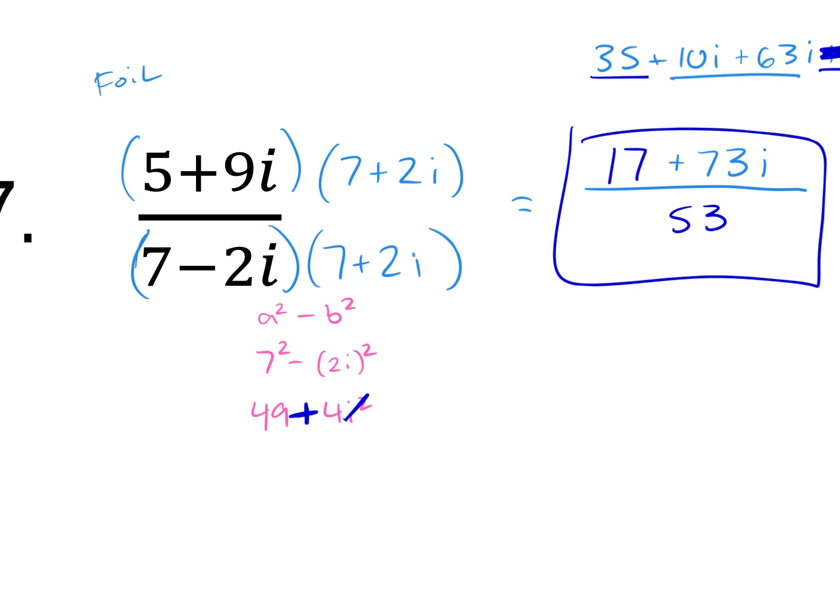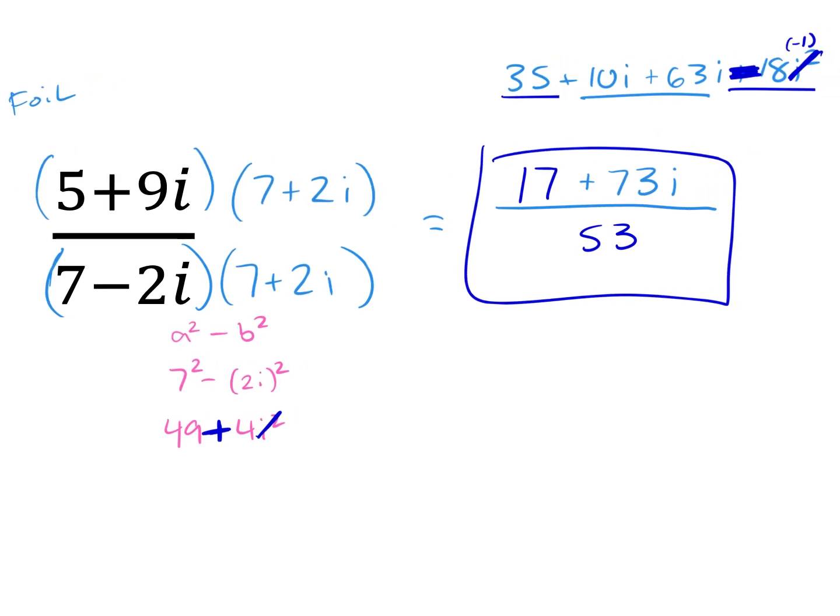Can I simplify my fraction here? Always check to see if you can simplify. All 3 whole numbers have to be divisible by the same thing if you're going to simplify. Here we don't have anything that goes into 17, 73, or 53, the same GCF. So we can't simplify anymore.